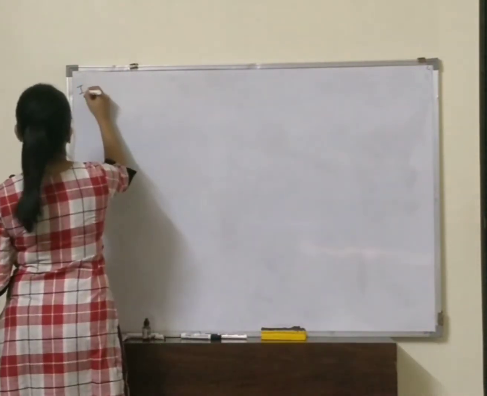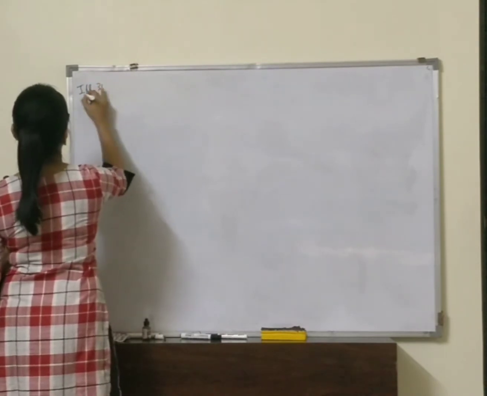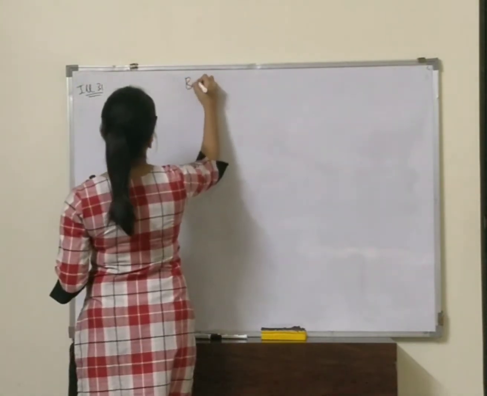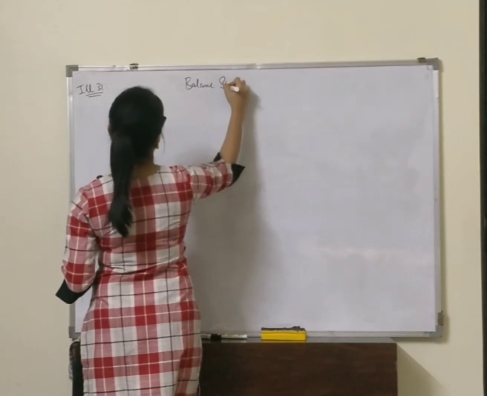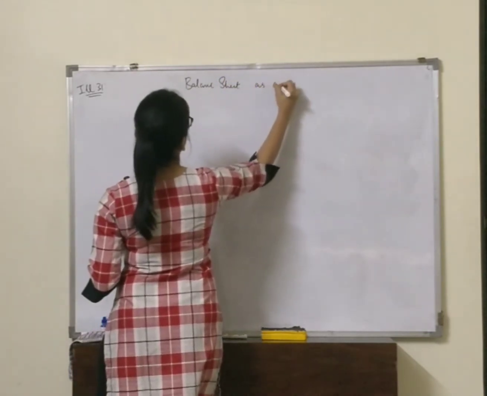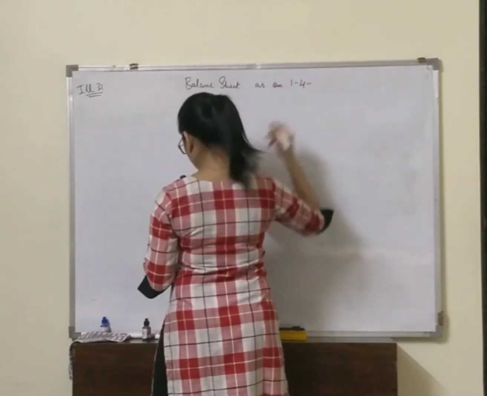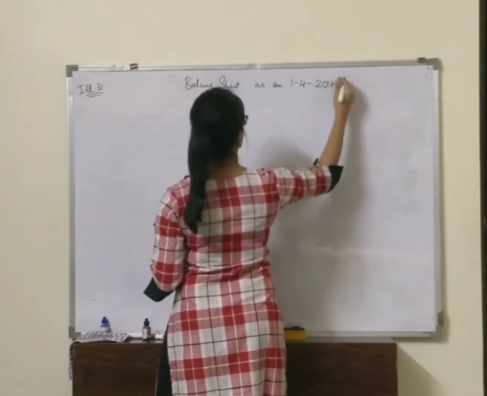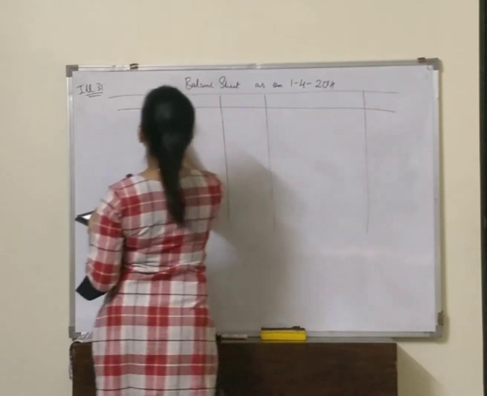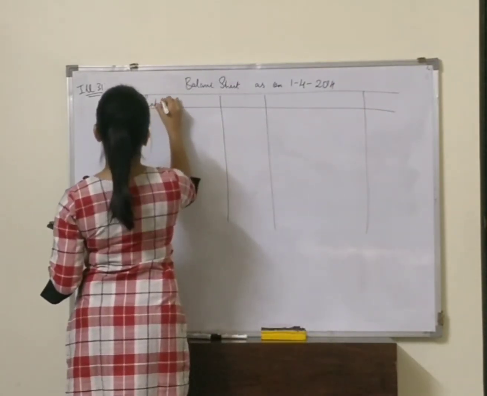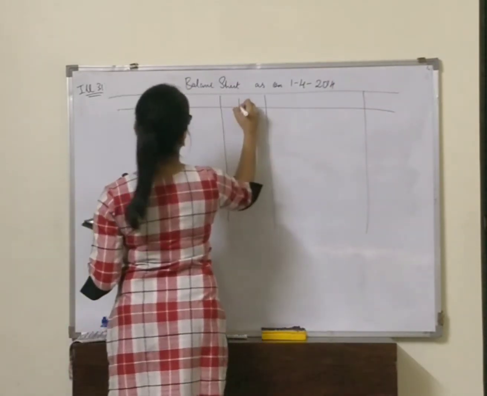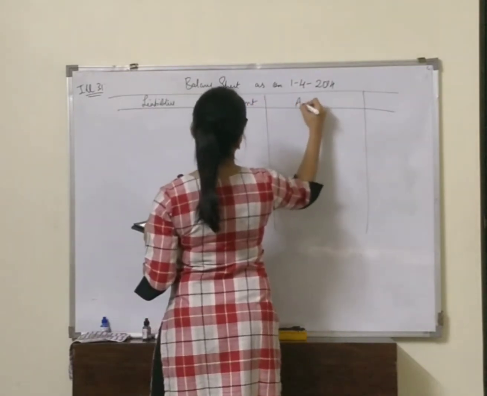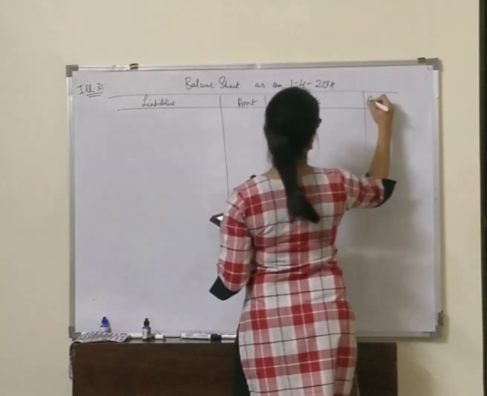So first let's start with our opening balance sheet, illustration 31. Balance sheet as on 1/4/2014. Liabilities amount, assets amount.